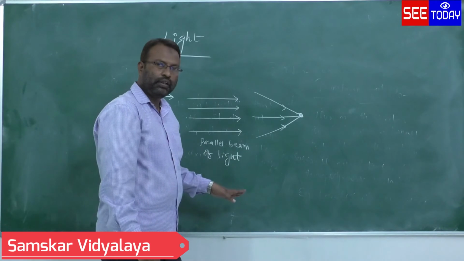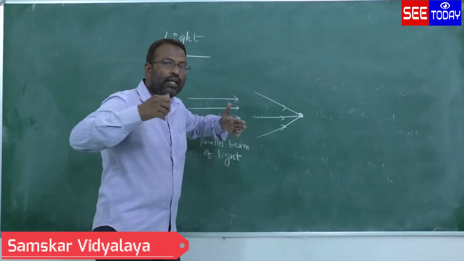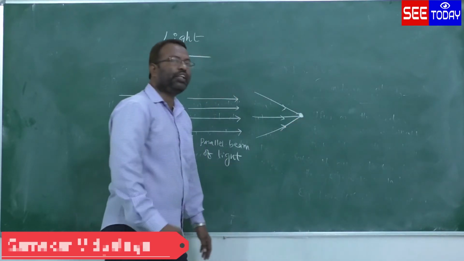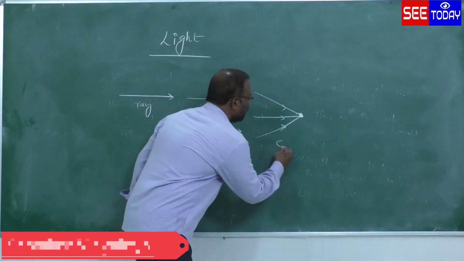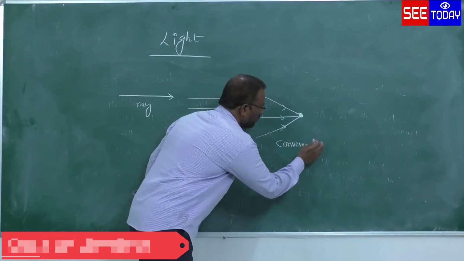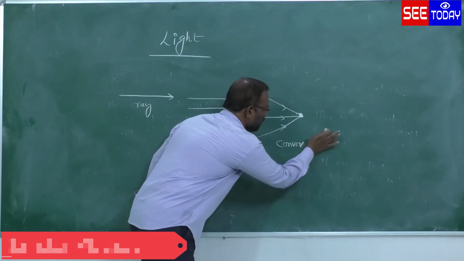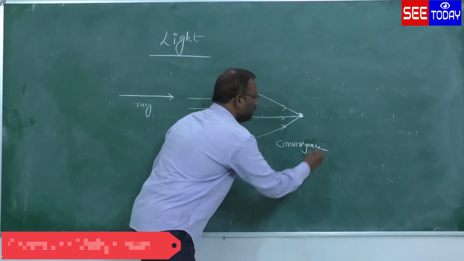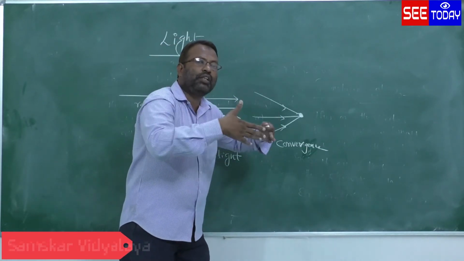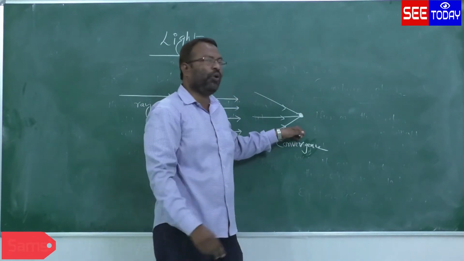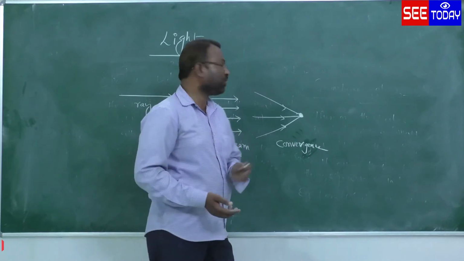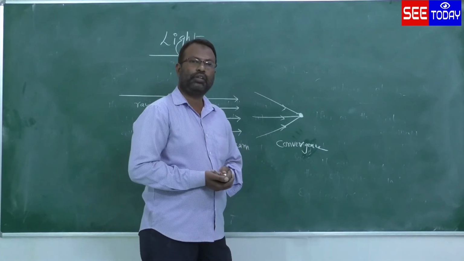From different positions, light rays are coming and meeting at a point, and we call it convergence. From different positions, lights are coming and they are meeting at a single point. This property we will call convergence. This point is called the convergent point.